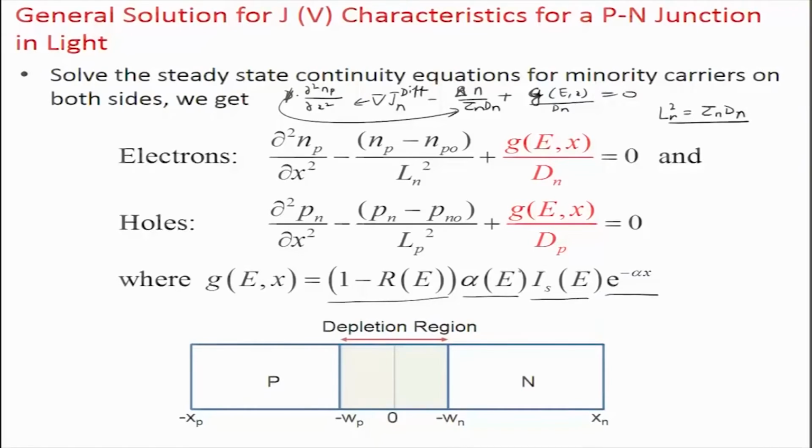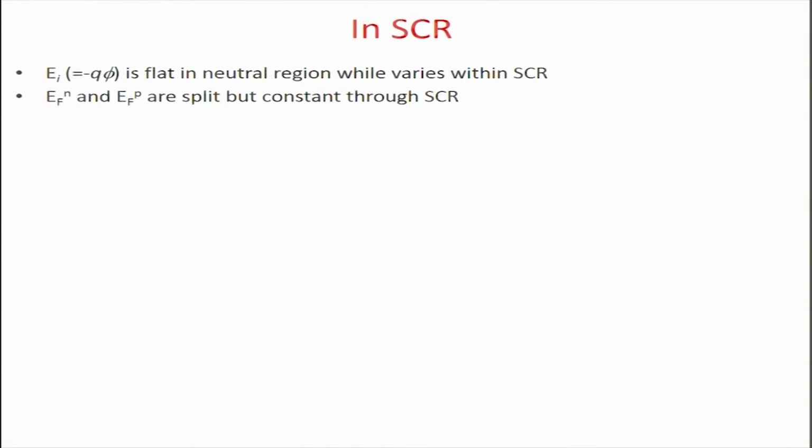At x equal to 0 this will be the absorption, and if you go a little deeper into the device, the absorption will reduce as a function of this equation. So this is the situation. You have a device whose edges are located at minus xp and xn, whereas the edges of the depletion region on the p and n sides are located at minus Wp and plus Wn. Okay.